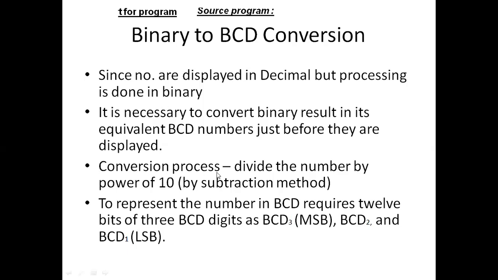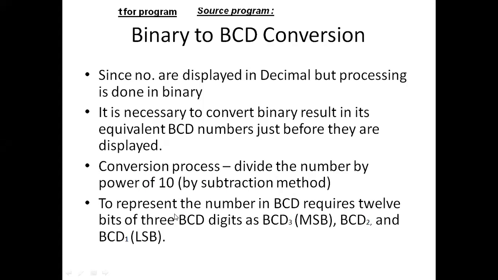The conversion process is very simple. As BCD to binary conversion multiplies the individual value by 10, in the process of converting binary into BCD, we are going to divide the number by the power of 10, that is by the subtraction method. So if multiplication is done with the addition method, the division will be done with the subtraction method.